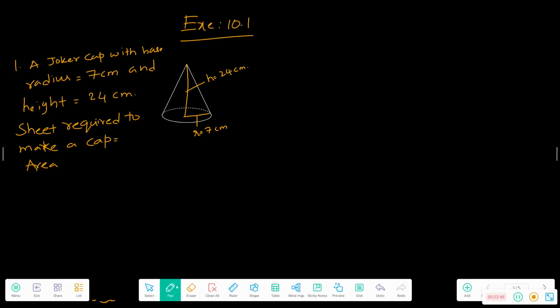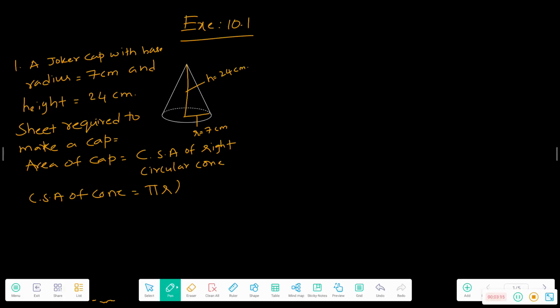So it is nothing but area of cap, it is equal to CSA, curved surface area of right circular cone. So what is the formula now? CSA of cone is pi r L square units.